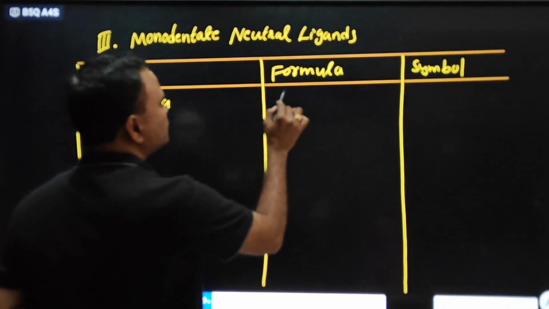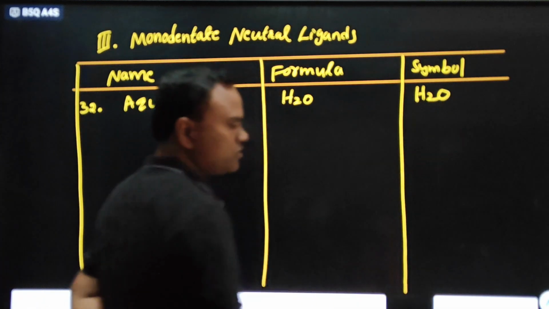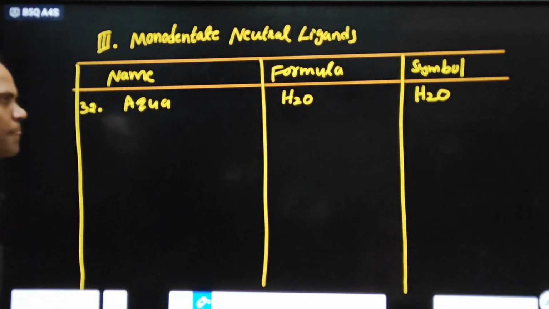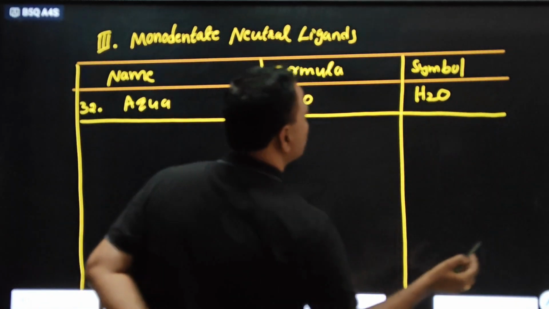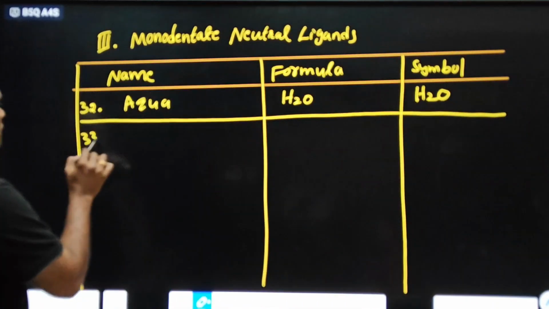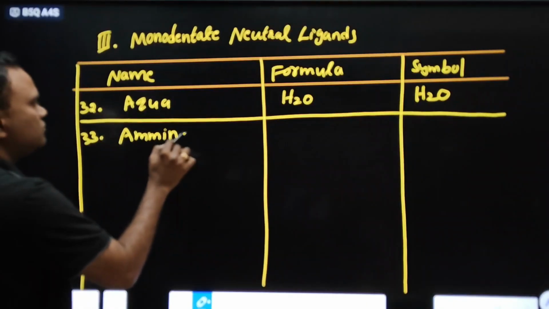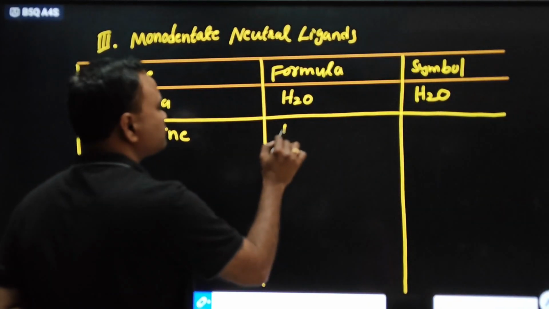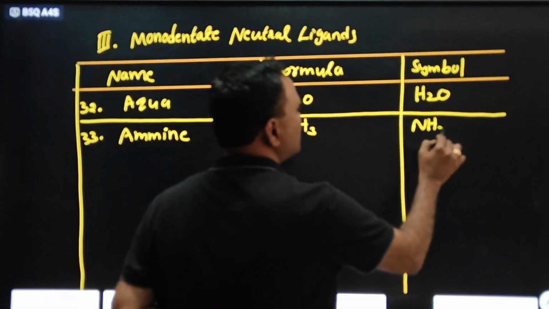Aqua, H2O. Formula and symbol both are the same only. Amine, NH3. Don't call it ammonia.